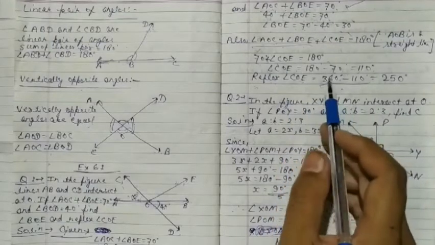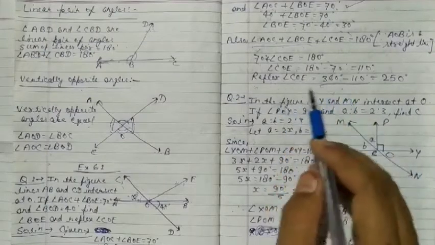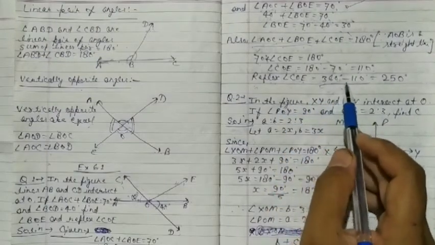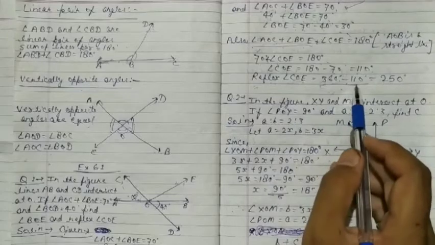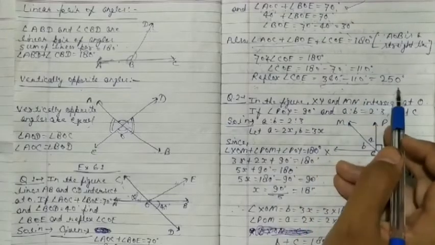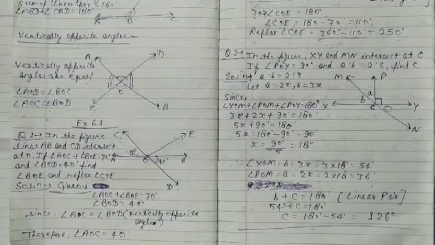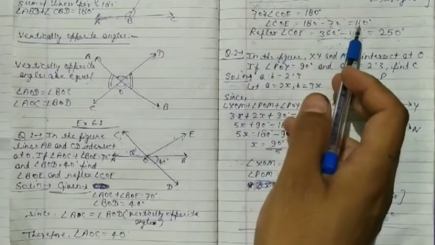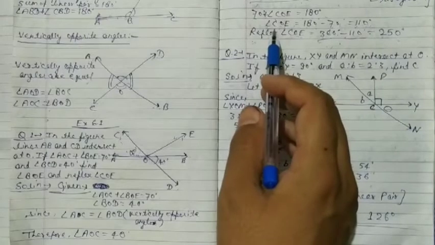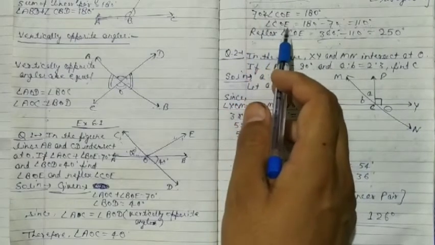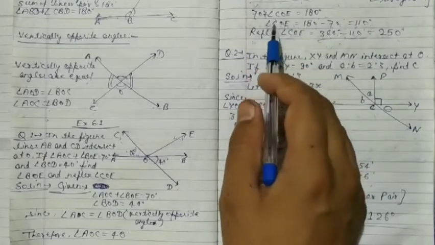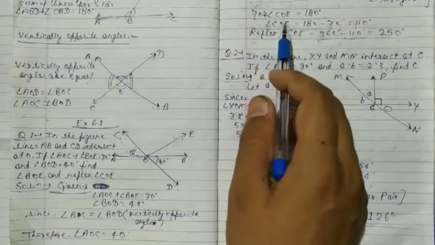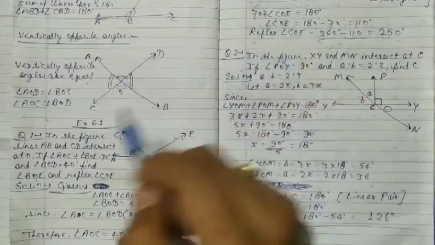Then we get the value of the reflex of that angle. 360 degree minus 110 degree equals 250 degree.